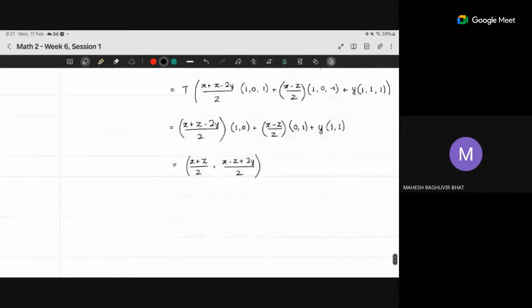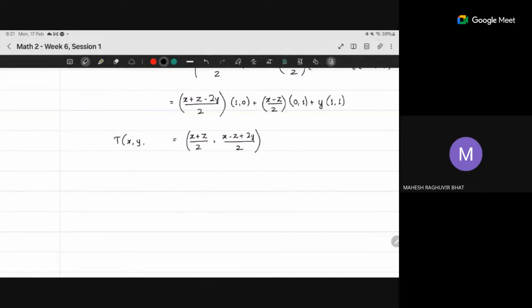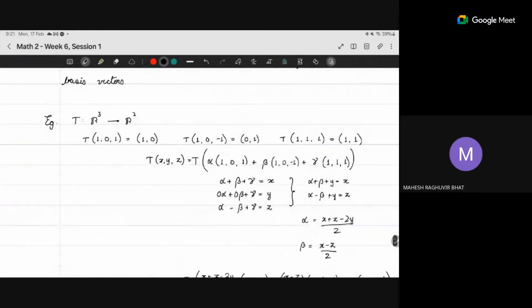All right. Now this is T of (x, y, z). So this first part of the problem was to recover the transformation using the description given in terms of a basis.